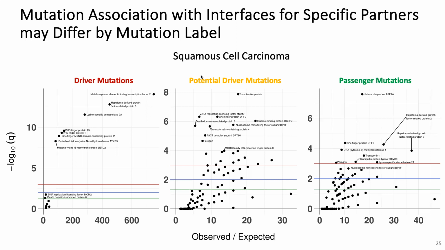So for example, here we have metal response element binding transcription factor 2, and we found that in comparison to the number of expected mutations at interfaces for this protein, we have about a 700-fold change. So this could potentially be one protein or part of a pathway that is really targeted by histone missense mutations to drive cancer development inside of this specific cancer type.